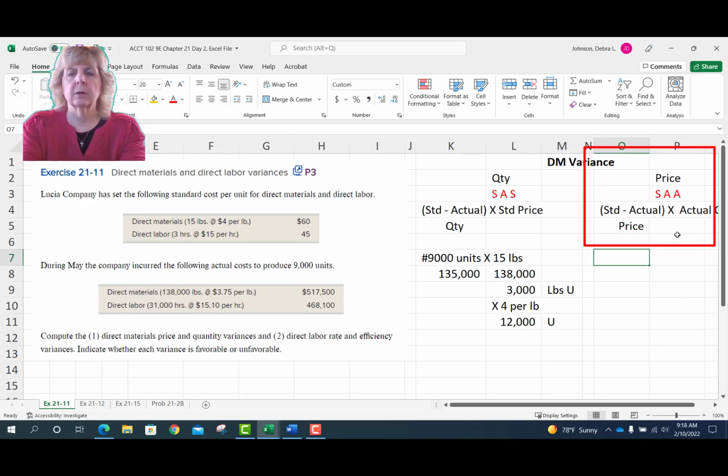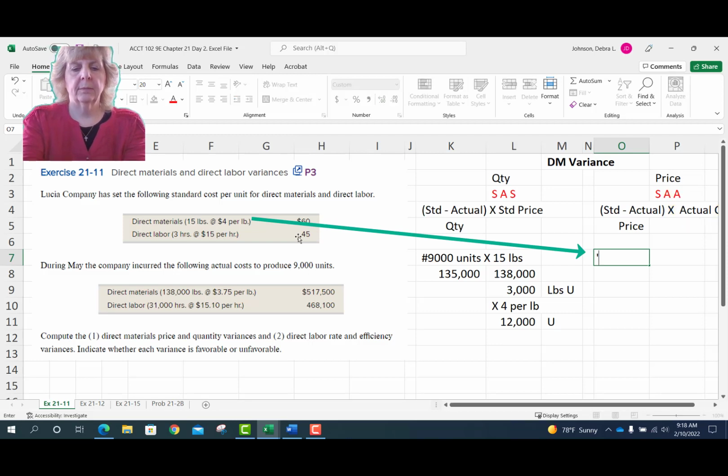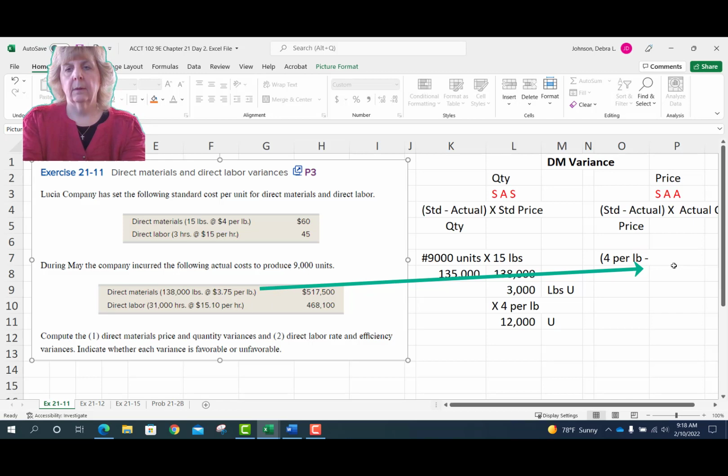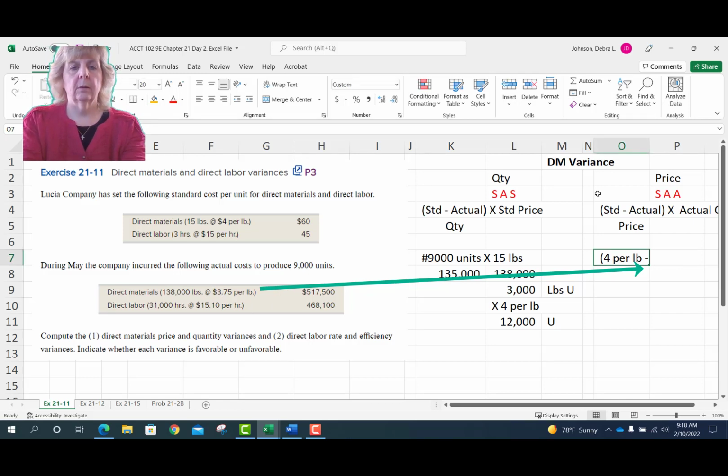It's the next part, times the actual quantity. Well, the standard price was $4 a pound, so $4 per pound. The actual price was $3.75 per pound. Let me get back in here and move something out of my way.